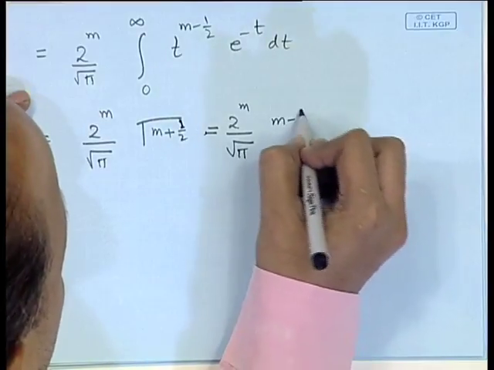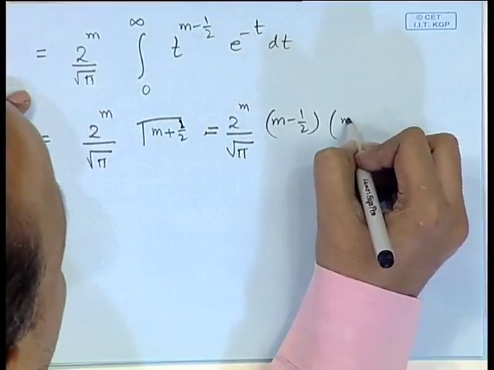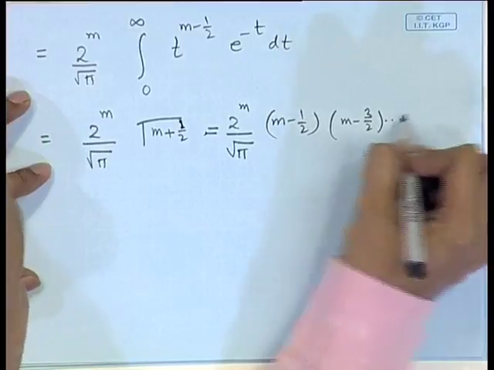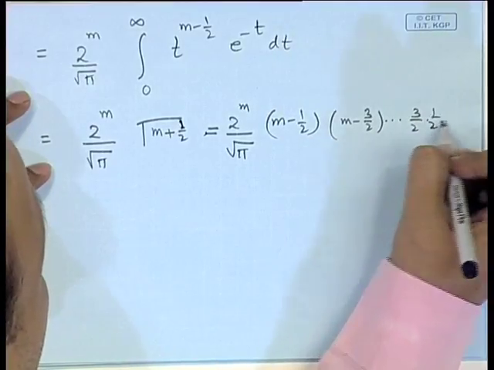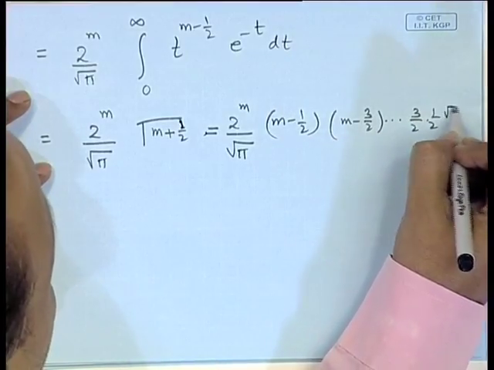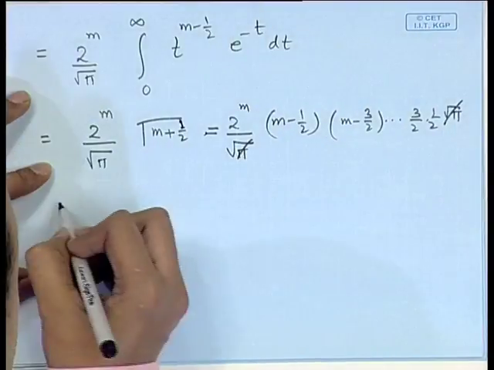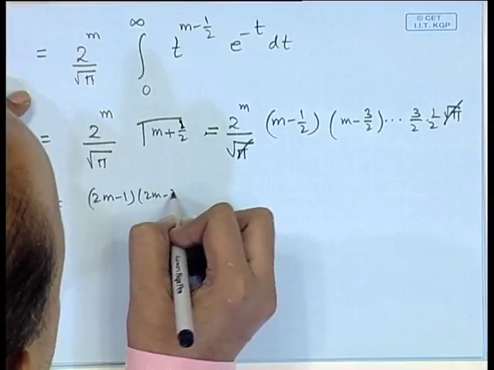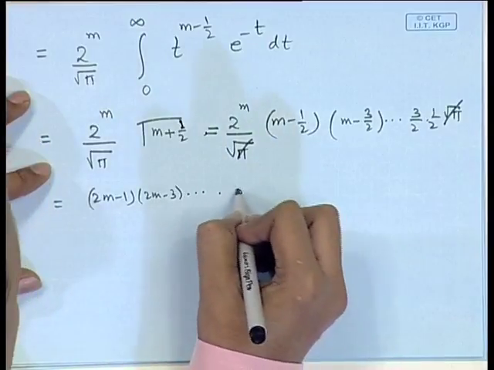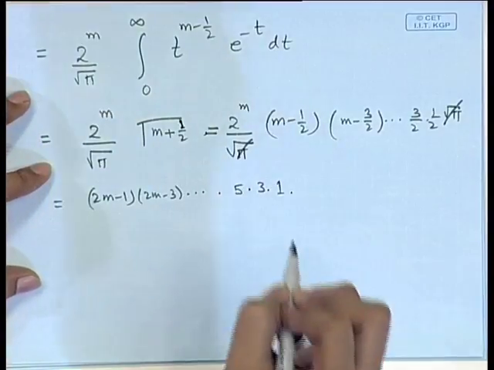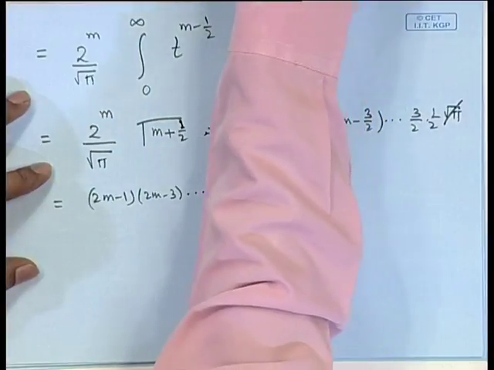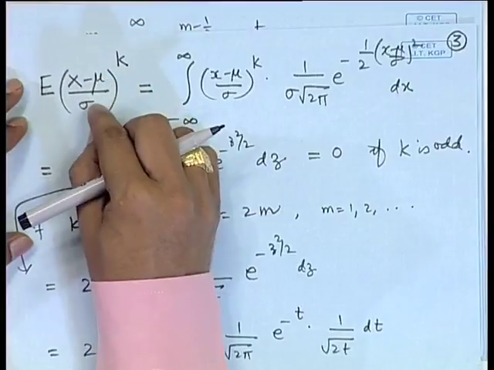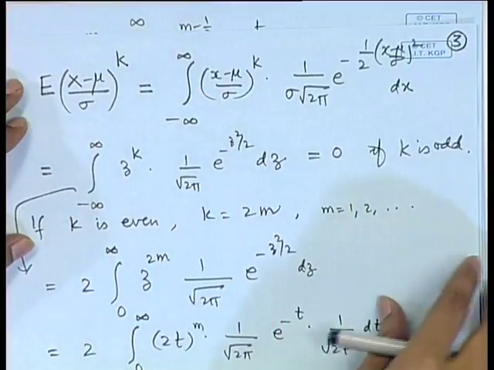We can write it as m minus half, m minus 3 by 2 and so on up to 3 by 2, 1 by 2 and gamma half, that is cancelling out. So, it is equal to 2m minus 1, 2m minus 3 and so on up to 5, 3, 1. So, we are able to obtain a general moment of (x minus mu) by sigma.